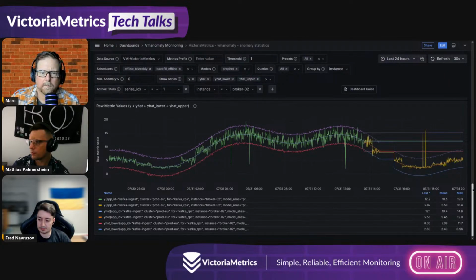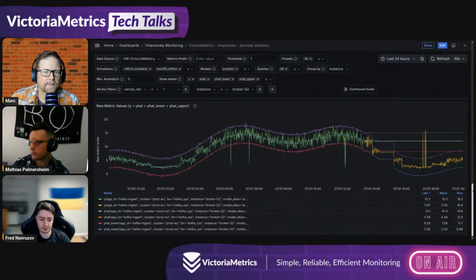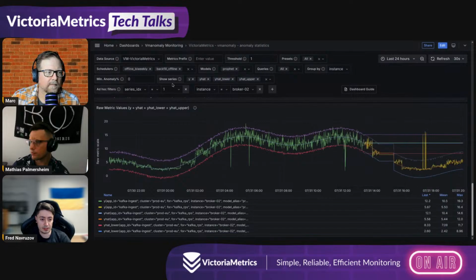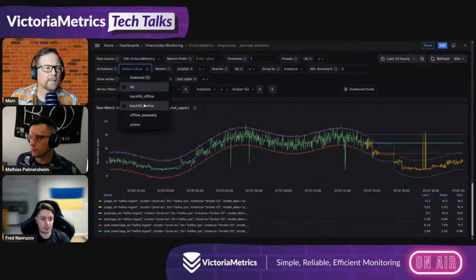So this can hardly be caught by regular alerting rules configured on raw metric values. This is the case for specific time series which have seasonality, but of course it can be different.